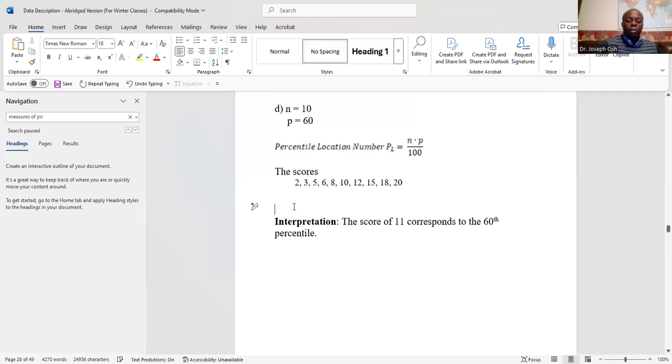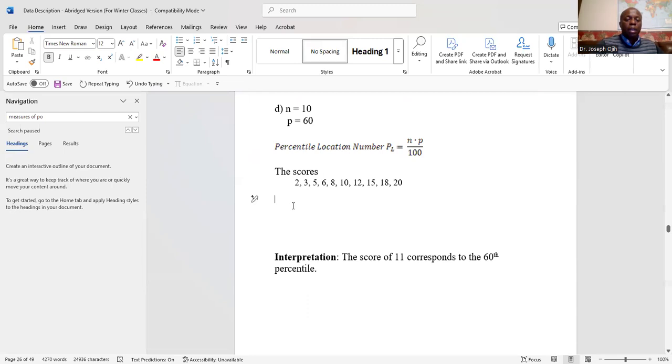Plugging it into the formula, P60 equals n times p, where n is 10 and p is 60: 10 times 60 divided by 100.